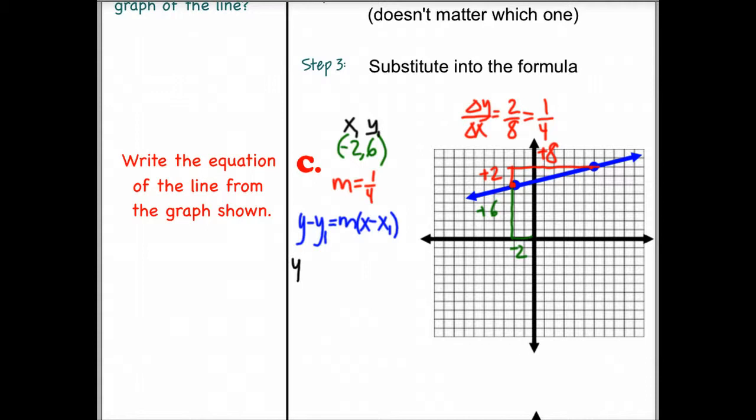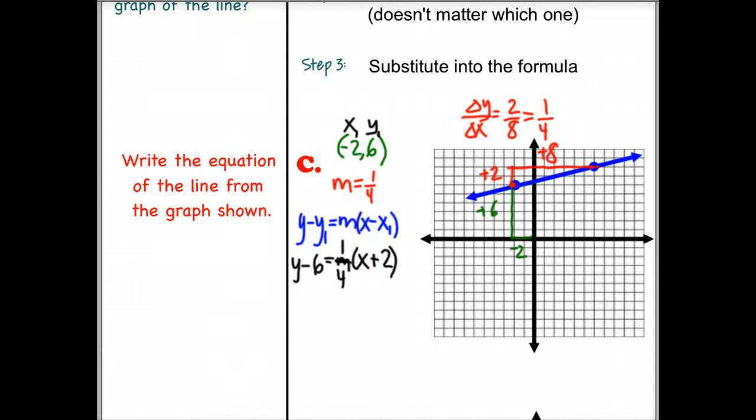We have y minus 6 equals m. Oh, we know what our m is, so let's put in 1/4 x minus a negative 2, so it's actually going to be adding 2.